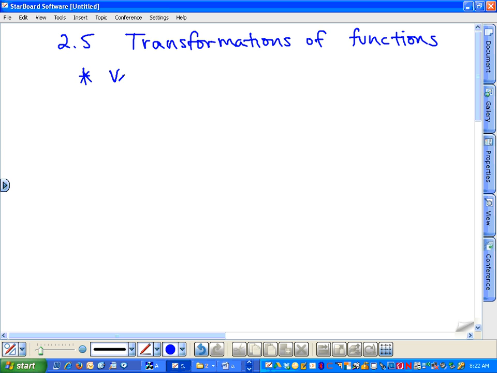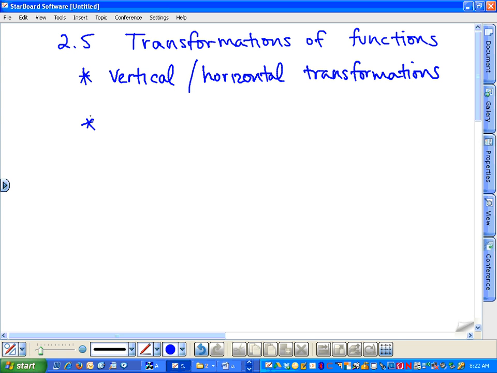Okay, we need to talk about vertical and horizontal transformations. We need to talk about vertical and horizontal stretch and compression.